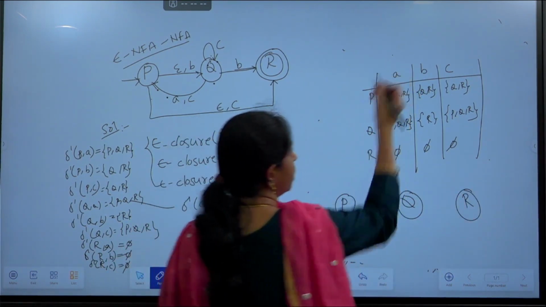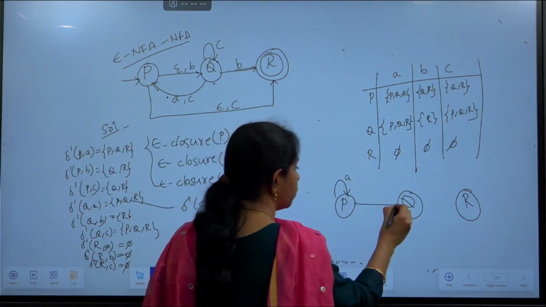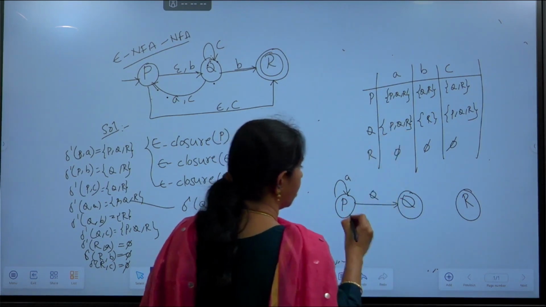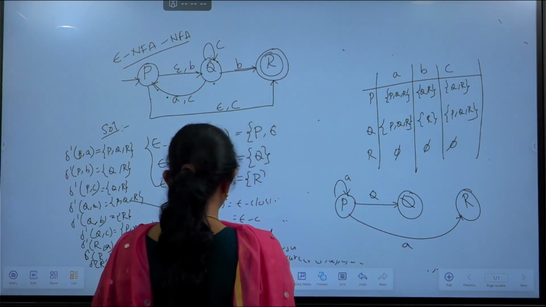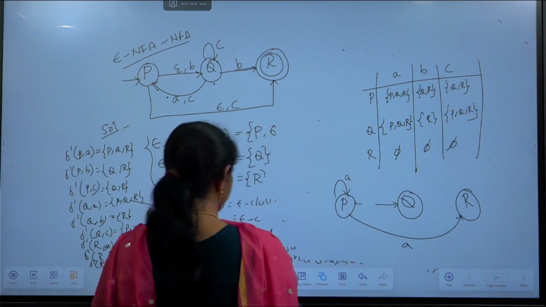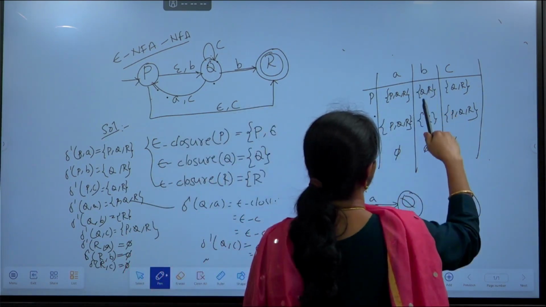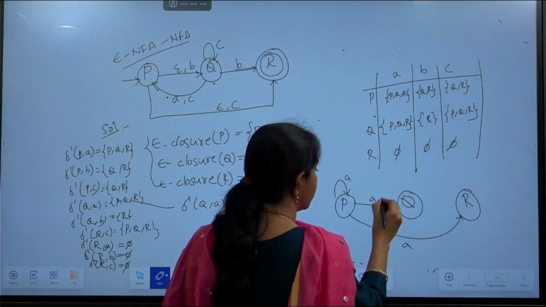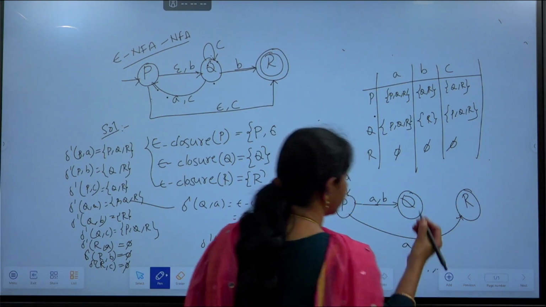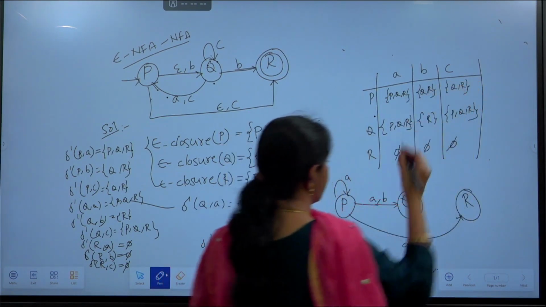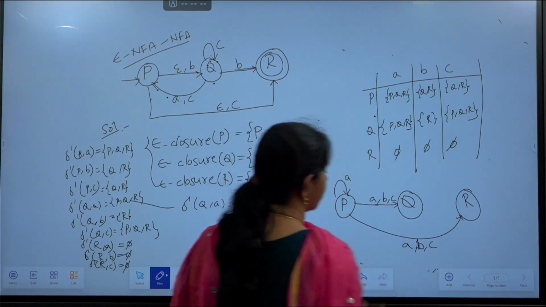From P on input alphabet A, we have P, Q, and R. P on input alphabet B, we have Q comma R. Next on input alphabet C, Q comma R.